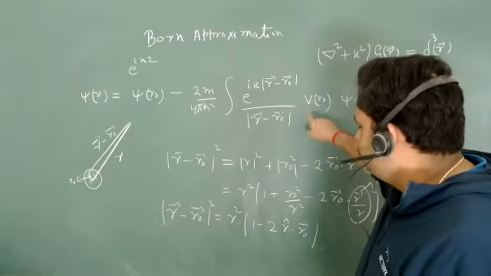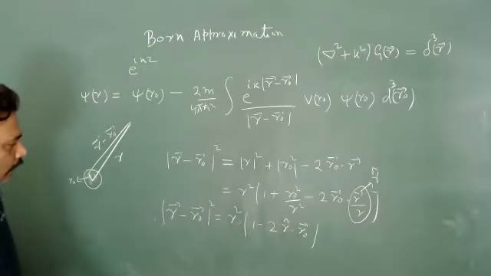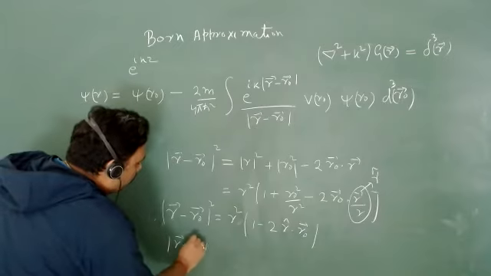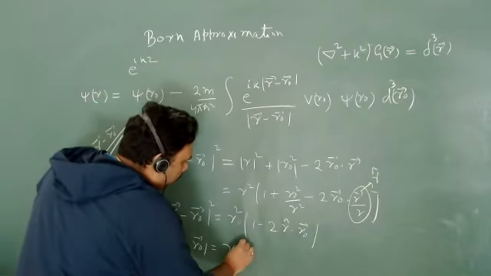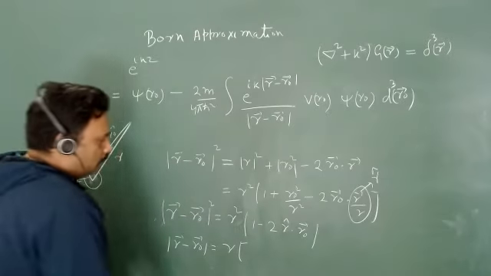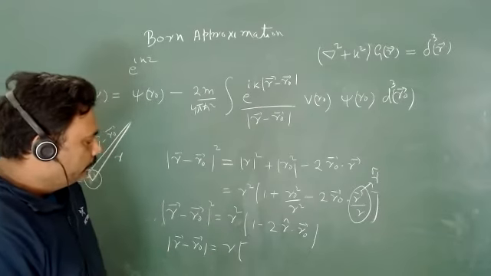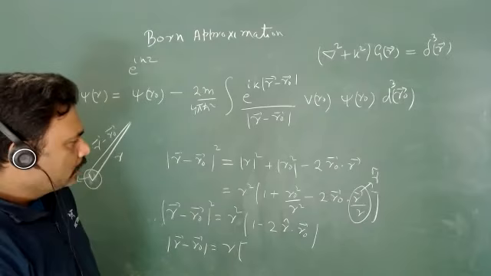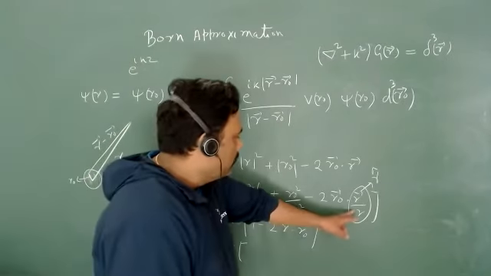So we are just going to write this particular thing. What will happen? Mod r minus r naught can be written as r, and we have this. But sorry sir, that was r squared from below, it should be r vector by r squared, right?